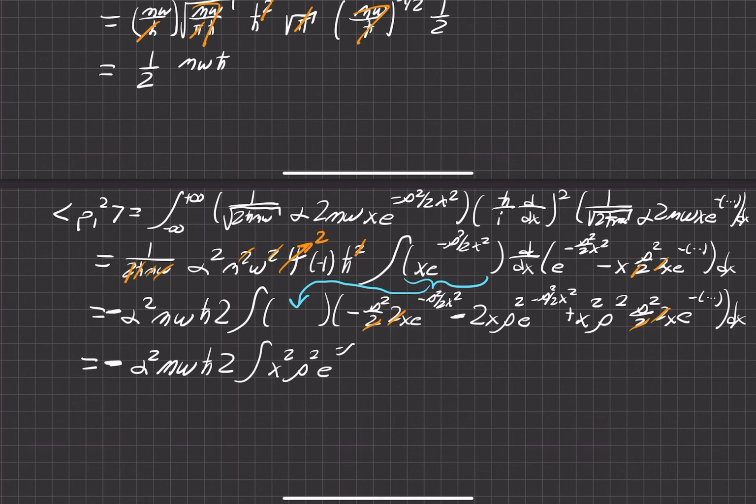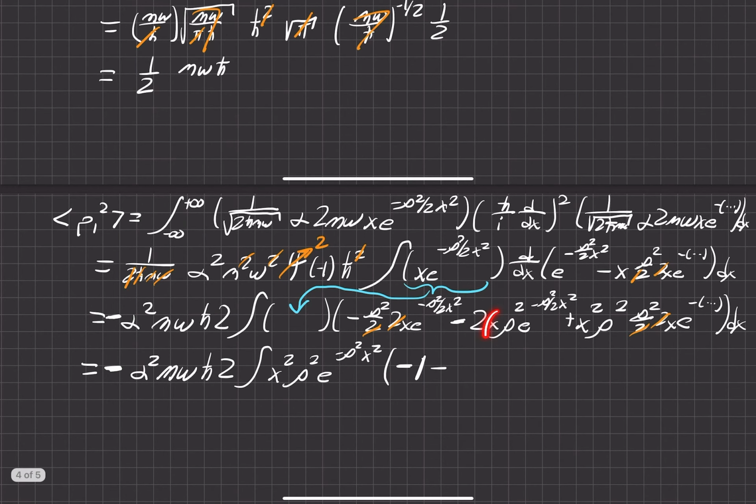This is no longer a rho squared over 2 anymore because we pulled out one of the exponentials from this parentheses. And then times the quantity of, since we pulled out the rho squared x and exponential out of these, all that's left over for this whole term is just negative 1 minus, that's basically everything from this one.